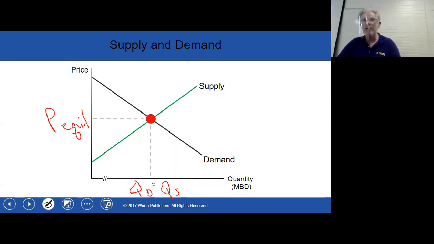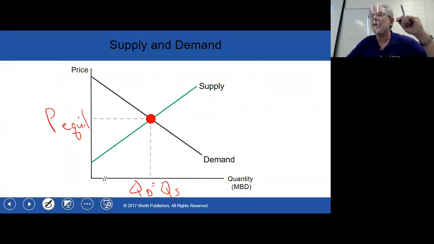Nobody is forcing them to do anything. They get to do what they want. Consumers get to buy as much as they want at the price, and producers get to sell as much as they want to sell at that price.